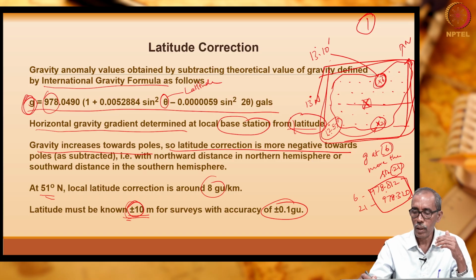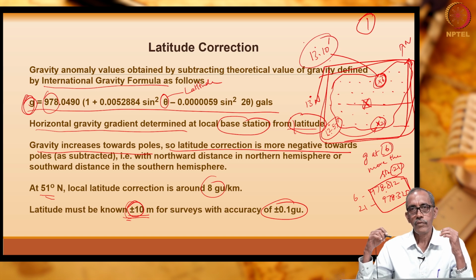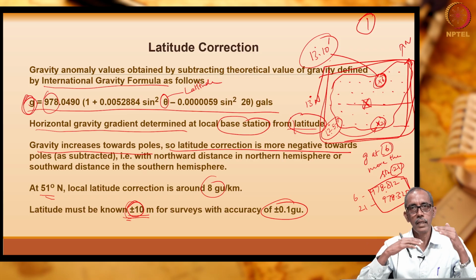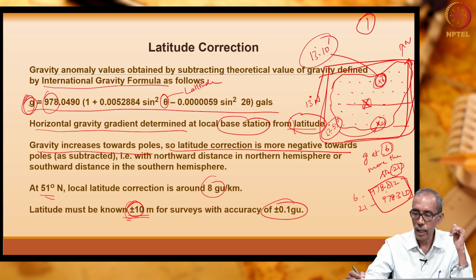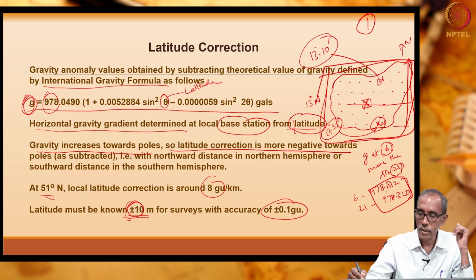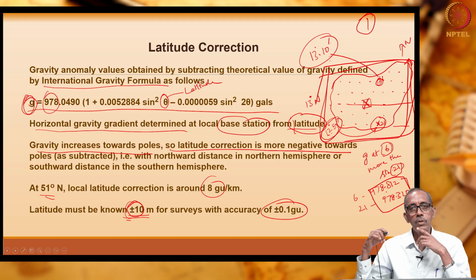One was at 12 degree 57 minutes, another one was 13 degree 10 minutes. After carrying out the correction, what we have done? We have brought them to the same latitude. Suppose if I had reduced the value here, what I have done? I have brought this location, though it is located at 13 degree 10 minutes, I have converted that into station 6 is also located at 12 degree 57 minutes.